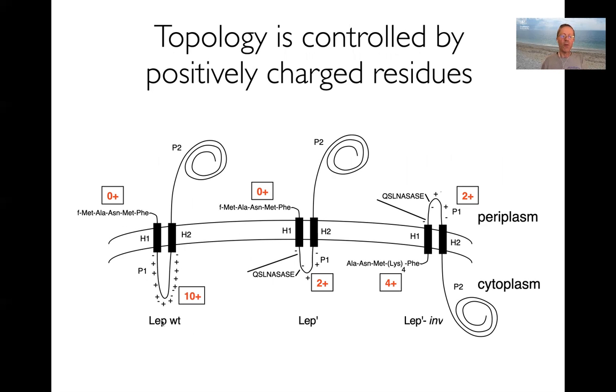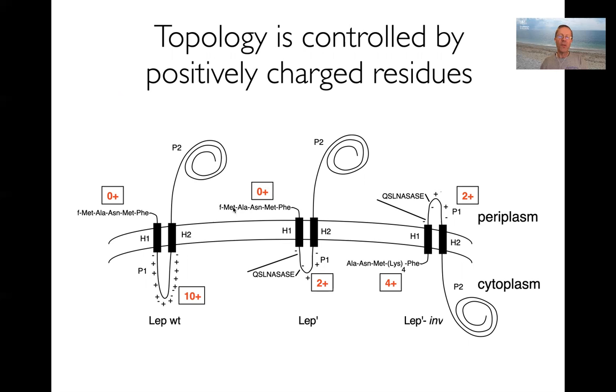This summarizes an old experiment where a simple two-spanning membrane protein, two transmembrane helices in the E. coli inner membrane, was re-engineered from its normal topology with both the N-terminus and the C-terminus facing the periplasm, facing the outside of the membrane, to one where it was turned on its head, basically, such that both the N- and C-terminal now face the inside. And this engineering, this reorientation of the protein was achieved by first removing positively charged residues from this highly charged cytoplasmic loop, leaving only 2.